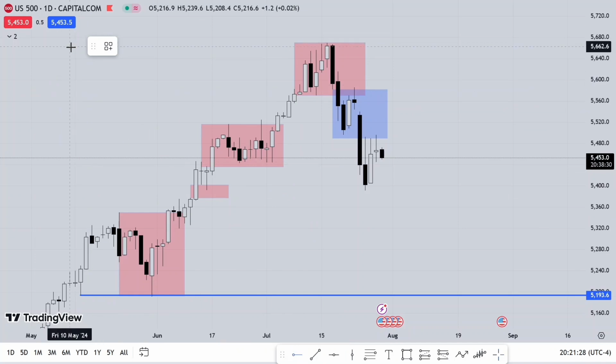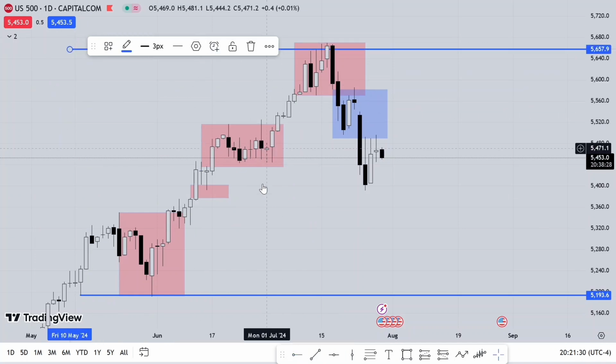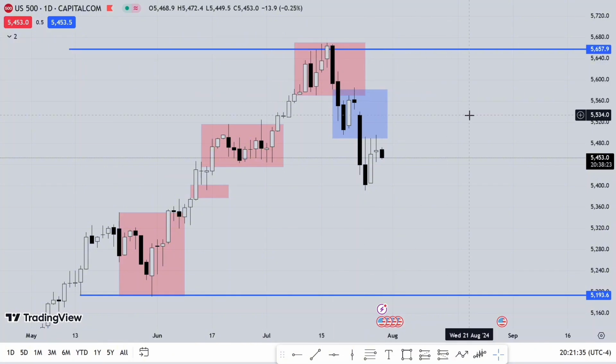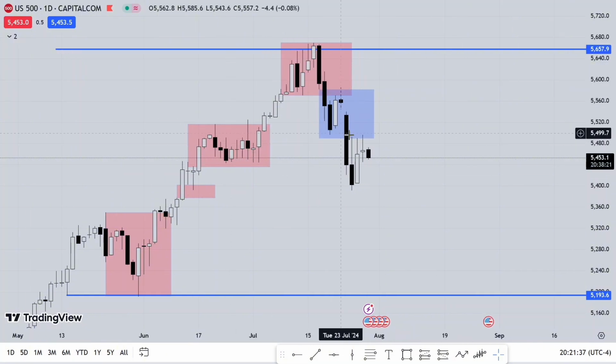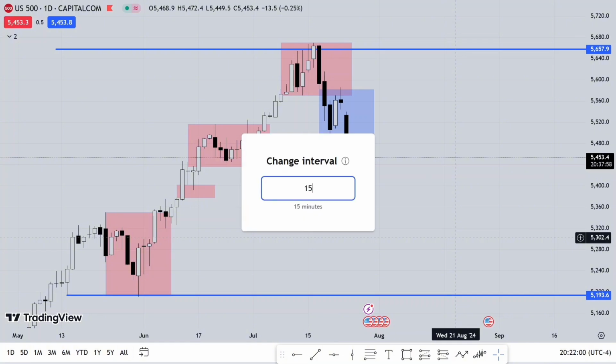Here you have buy side liquidity resting here, which is a clean high. So now, going into this Monday's trading, for example, using this daily time frame as the higher time frame, going into the bearish order block of this higher time frame, you go to the directly subordinate lower time frame, which for the daily time frame is the 15-minute time frame.